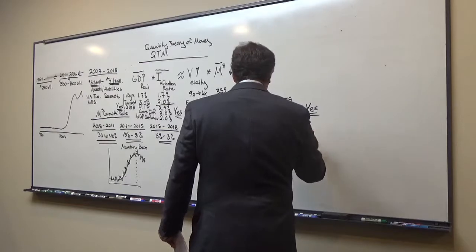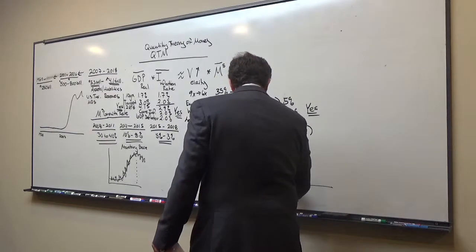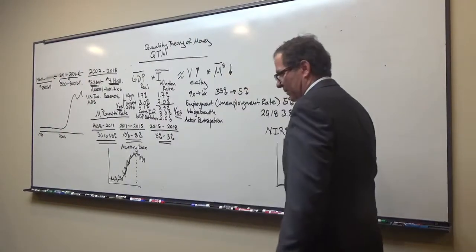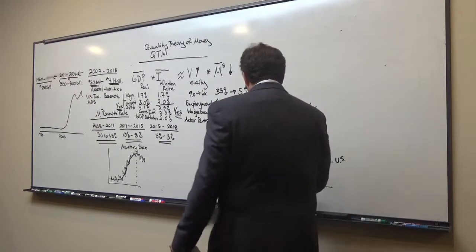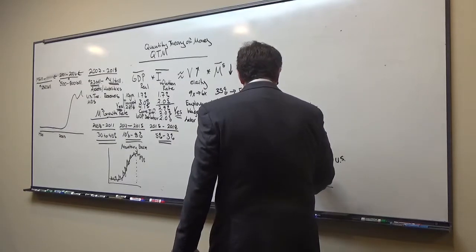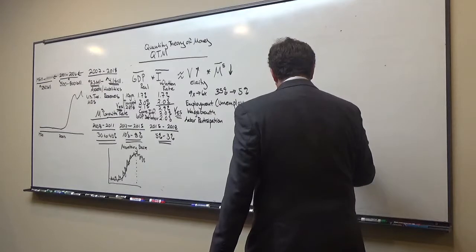If you look at the yield curve in the United States, it was like this, zero bound, and it went like that. That was the US. And currently the US yield curve is like that. So this is today.